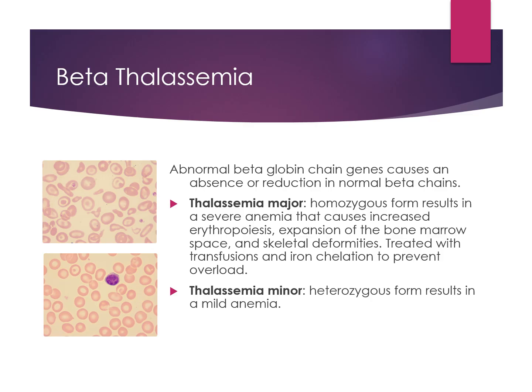And of course, we have our beta thalassemia, which is going to be associated with abnormal beta chain genes. It could cause an absence or a reduction in normal beta chains. We classify this into two categories. We have thalassemia major, which is a homozygous form of inheritance, which results in a severe anemia, and it can cause an increased erythropoiesis.